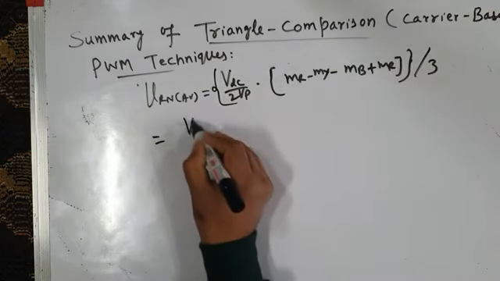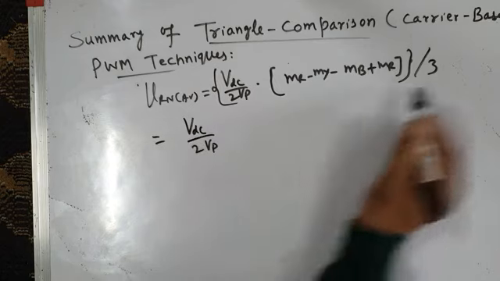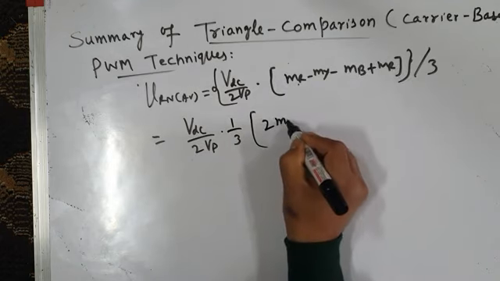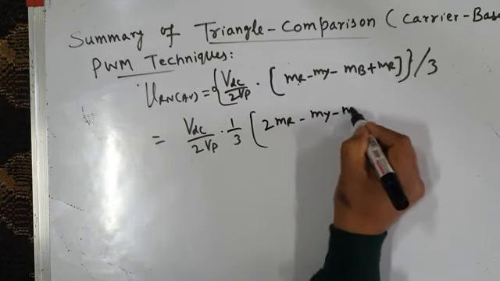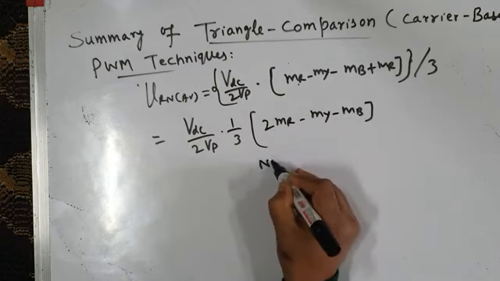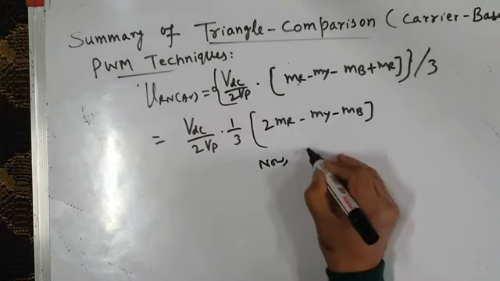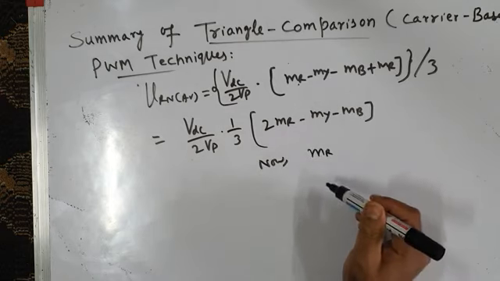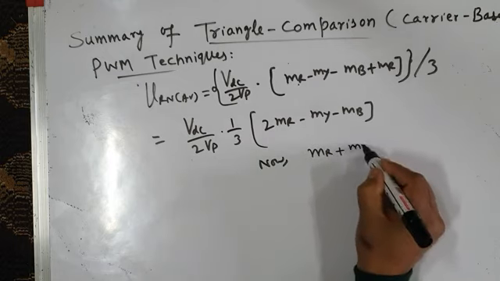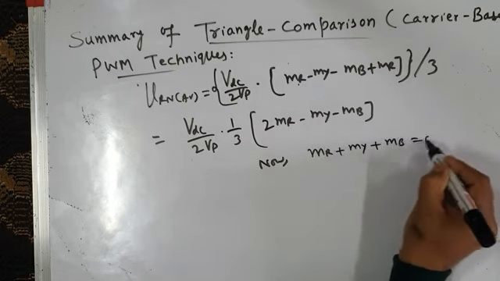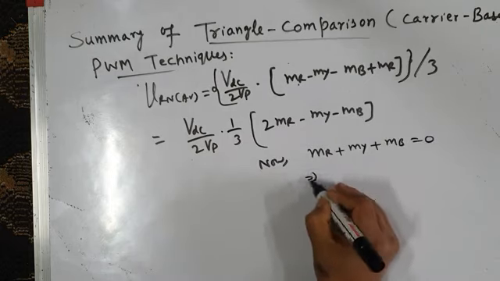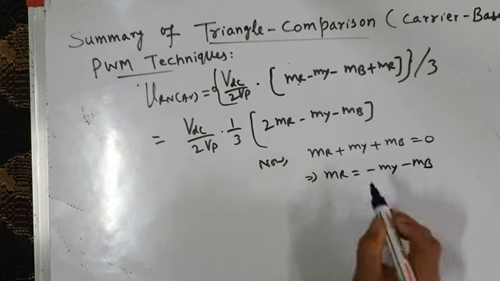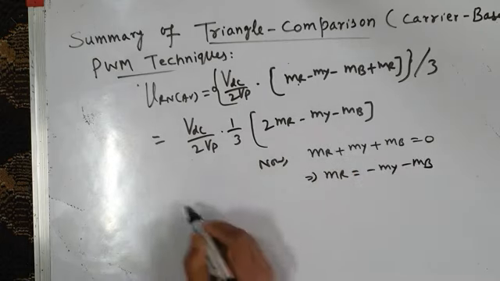This can be written as Vdc by 2Vp, with the 1 by 3 written here, into, what is Mr plus Mr? This is 2Mr minus My minus Mb. Now we know that since our modulating waves are balanced modulating waves, their sum is 0. They are sinusoidal, 120-degree displaced, balanced modulating waves. So Mr plus My plus Mb is equal to 0. From this, Mr is equal to minus My minus Mb. Therefore, minus My minus Mb is equal to Mr, substituted here.